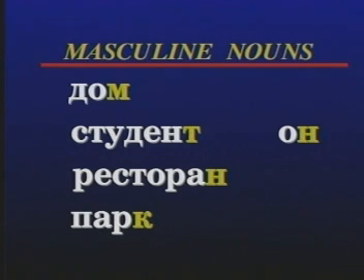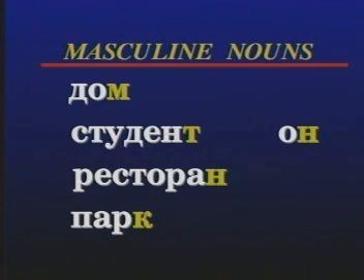Masculine nouns. Дом is masculine. Студент is masculine. Ресторан is masculine. And парк is masculine. How do we know that these nouns are masculine? Look at the last letter in each word.